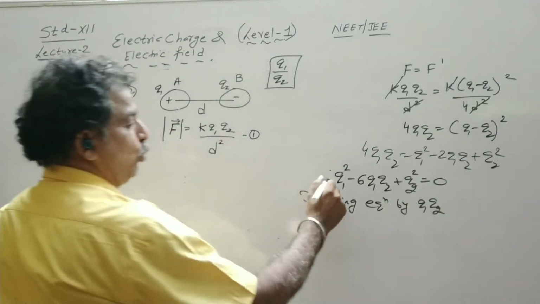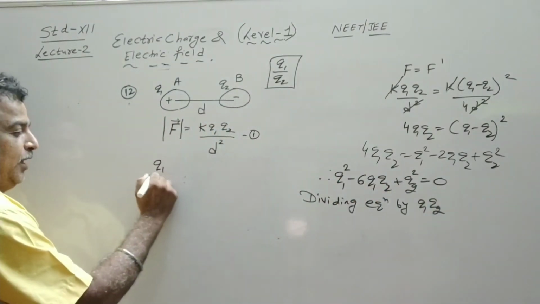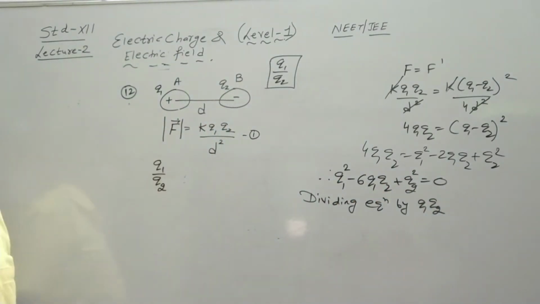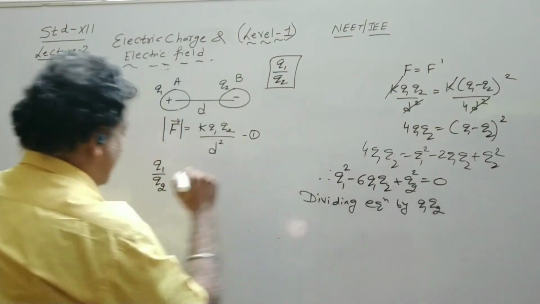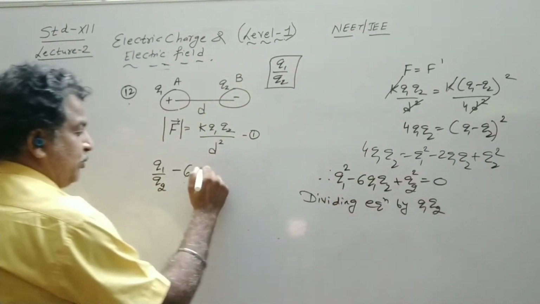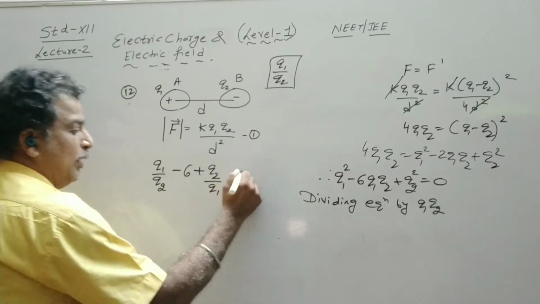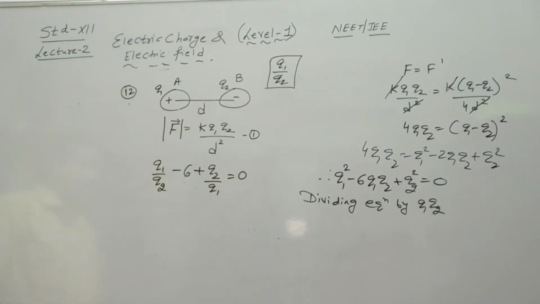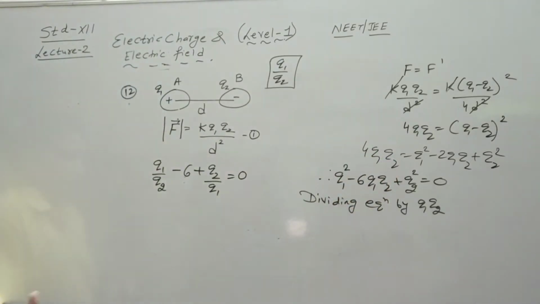If I divide Q1 square by Q1 Q2, one Q1 cancels, so Q1 by Q2. Then Q1 Q2 divided by Q1 Q2 cancels, so minus 6. And this divided by this becomes Q2 upon Q1, equal to 0. See, there are many methods; mathematically you can do other methods also.